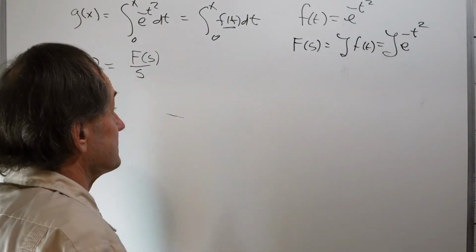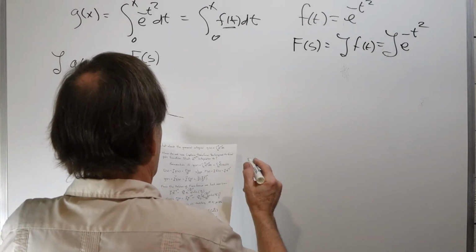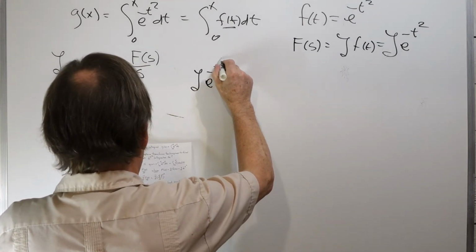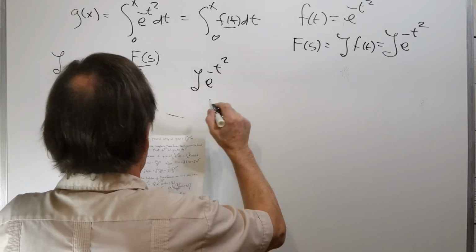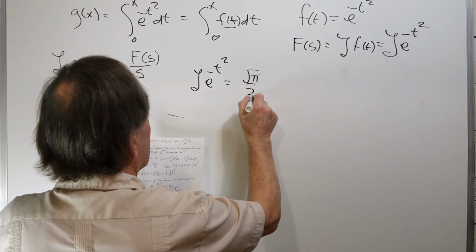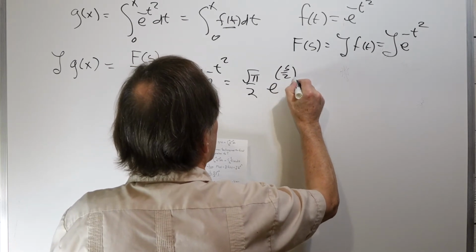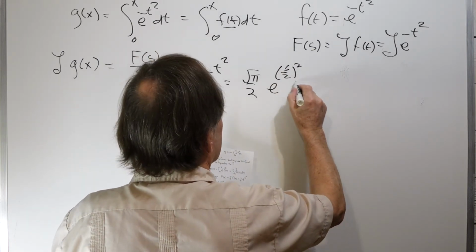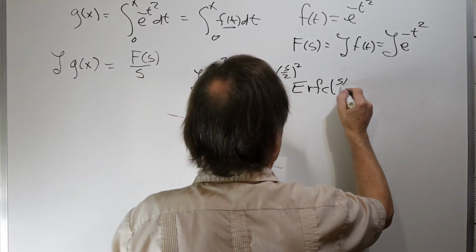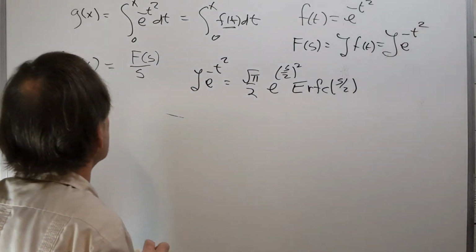And from Sanders and Kaufman tables, we got that the Laplace transform of e to the minus t squared is the square root of pi over 2 times e to the (s over 2) squared times the complementary error function of s over 2. That's the Laplace transform of e to the minus t squared.